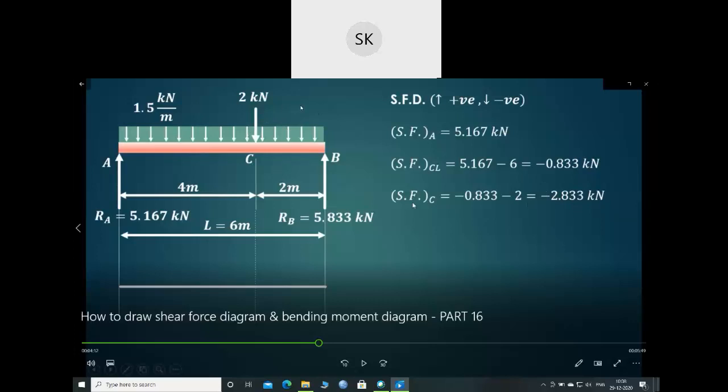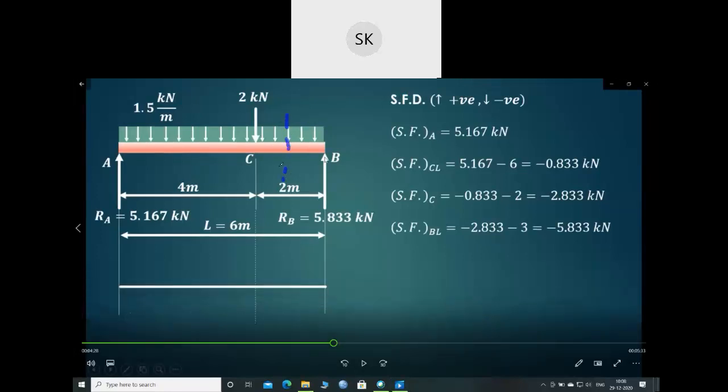Next, when I need to find the shear force between C and B, suppose I'm taking a section here, I have four loads: Ra, this UDL, this point load, and again this UDL. Let me explain this one. Suppose I want to find the shear force at this section.